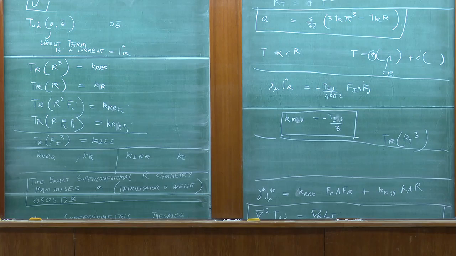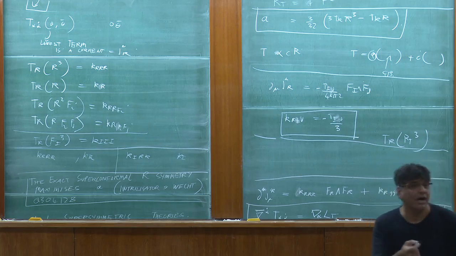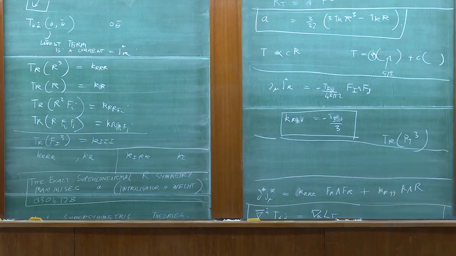Now, imagine turning on a relevant operator that will eventually end up in a new fixed point. Typically, that relevant operator breaks some of the flavor symmetries. So, when we go to the IR theory, once again we should compute A by maximizing over all unbroken R symmetries. But it's a smaller space.